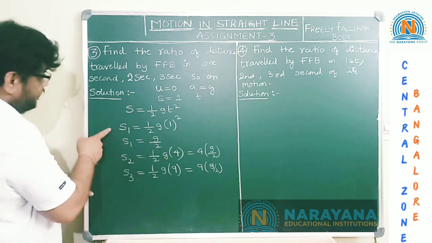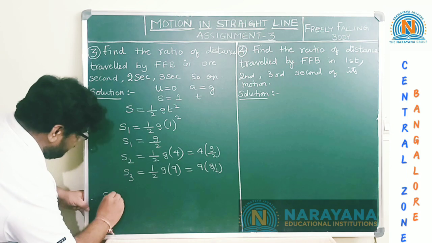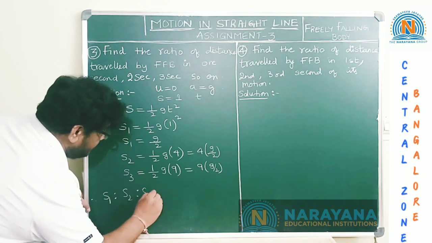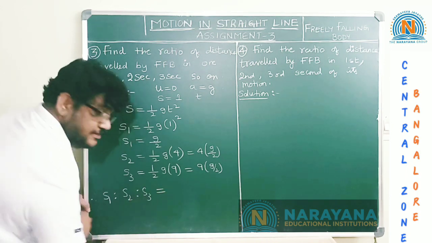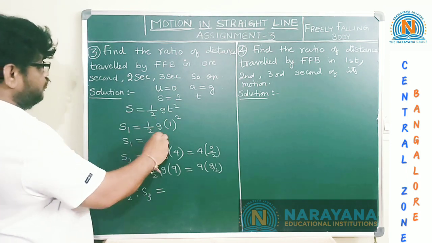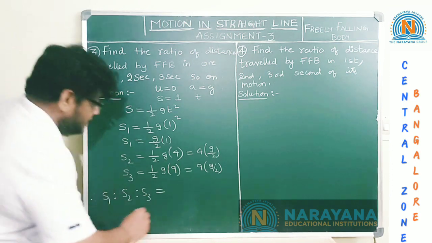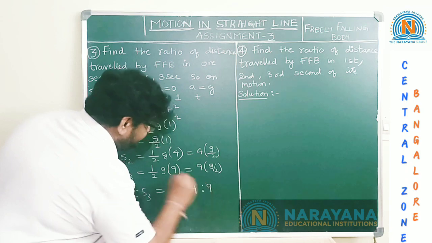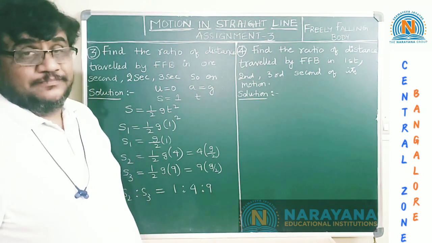Now if I take the ratio of S1, S2, S3, for these three, it is g by 2 is to 1, g by 2 is to 4, g by 2 is to 9. So the ratio is 1 is to 4 is to 9 for the first 3 intervals of time.